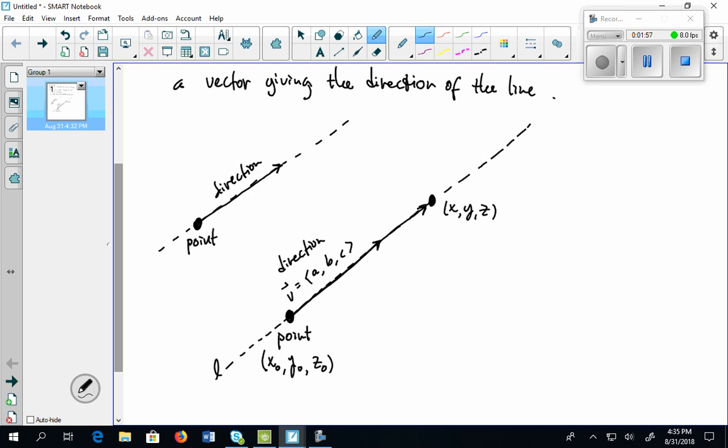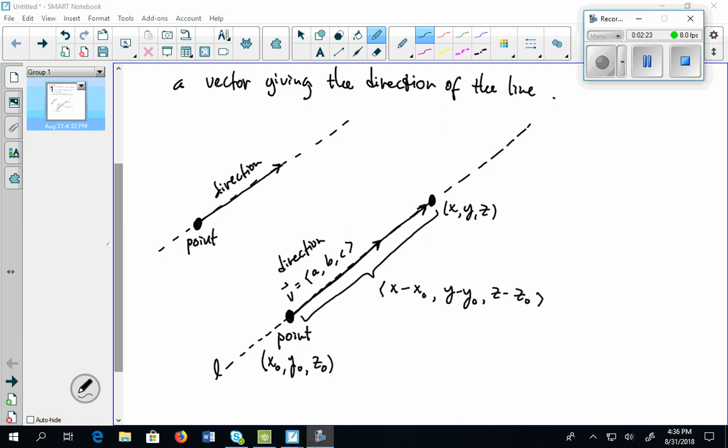Now, this vector that we just drew, we can always come up with the components by taking final minus initial. So the vector here, I could take x minus x naught, y minus y naught, and finally z minus z naught.